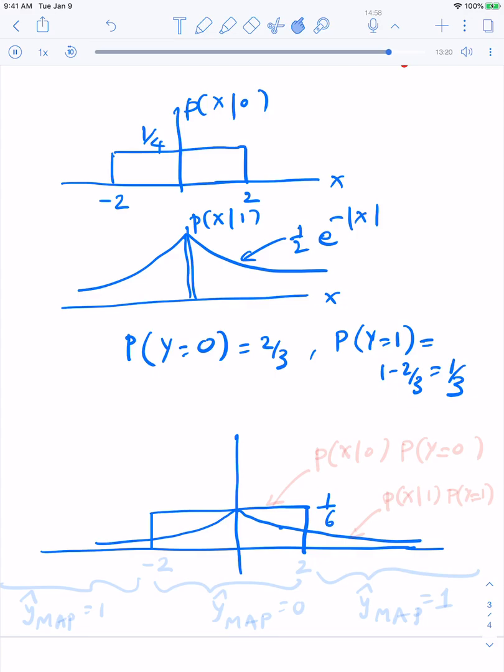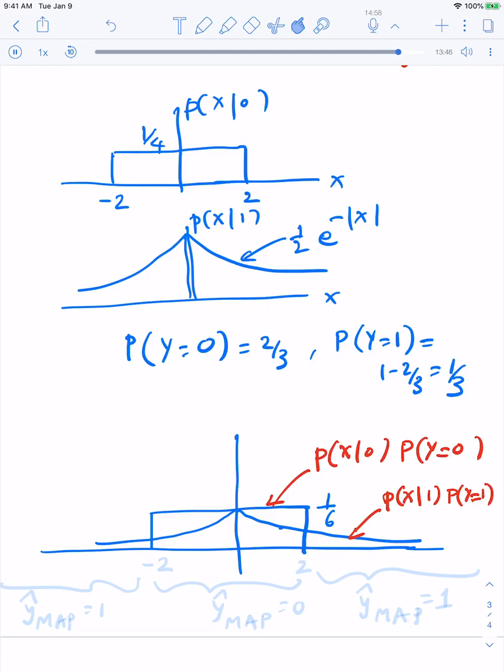And so let me label these. This guy is P of x given 0 times P of y equals 0. And this guy is P of x given 1 times P of y equals 1.